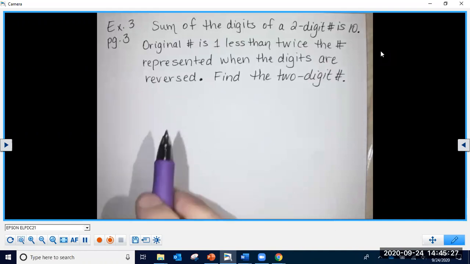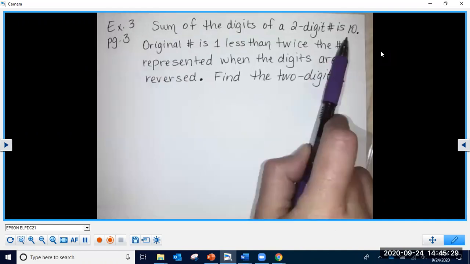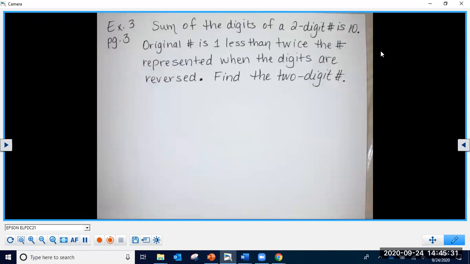Okay, so we know we've got a 2-digit number. The sum of those values is 10. And then your original number is 1 less than twice the number represented when the digits are reversed. It's hard to even wrap your brain around.